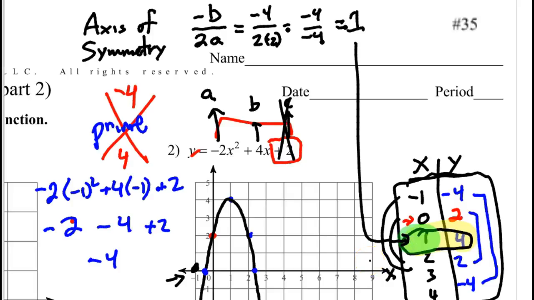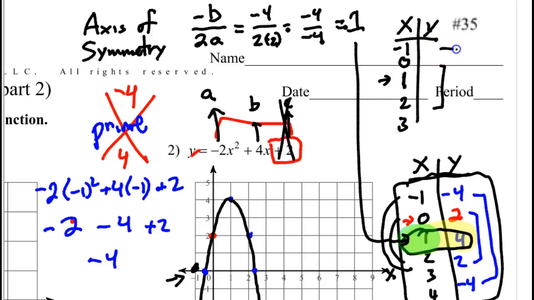So you don't have to go through and guess and check and try to figure out where the vertex is going to be. Now if you make a t-chart, you would put the 1 in the very middle, that's going to be the vertex, and then build around it. These two are going to be the same answer: 0 and 2 are the same because of symmetry. -1 and 3 will be the same answer too, just like we have here.